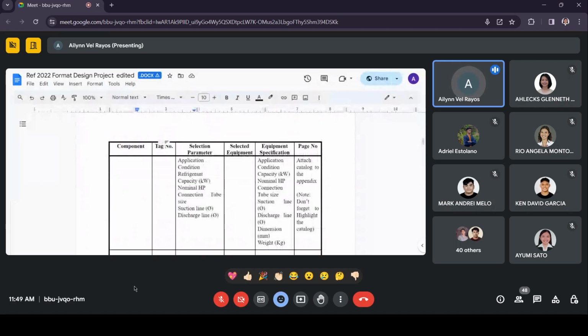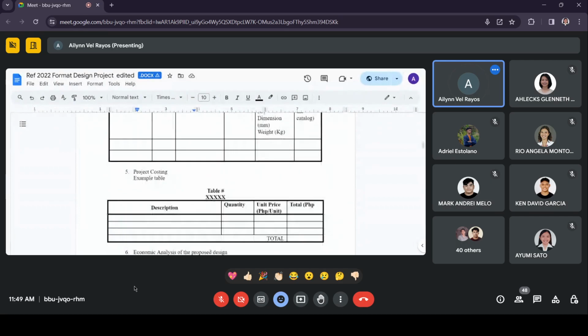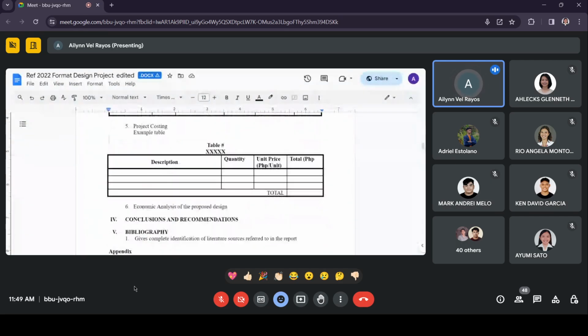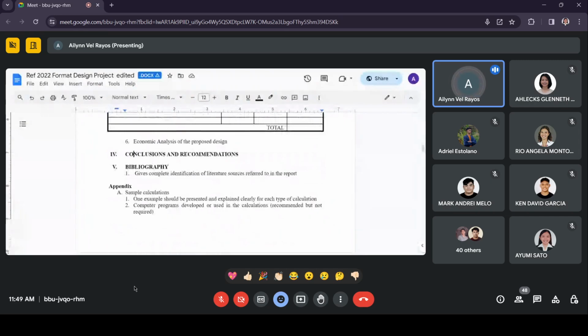Ito naman is syempre yung mga equipment na gagamitin nyo, yung mga available sa market, with the corresponding component schedule ng mismong equipment na yun. From that, yan yung mga pwede nyo i-fill. Meron din namang price doon, so you can fill in the project costing example table. Then provide conclusion and recommendation, and then bibliography.